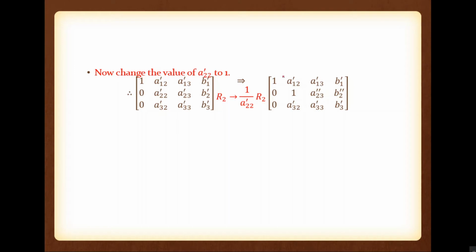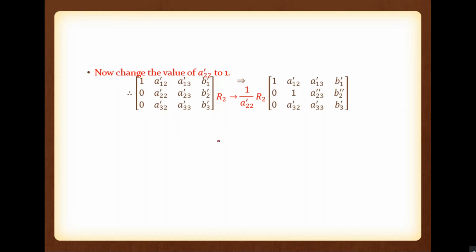So please note down this row operation and this modified augmented matrix. Please note in the first step of the second elimination, this A22 dash must not be 0. If it is 0, then we can't continue, so we have to swap the equation. So this term, A22 dash, must be non-zero.